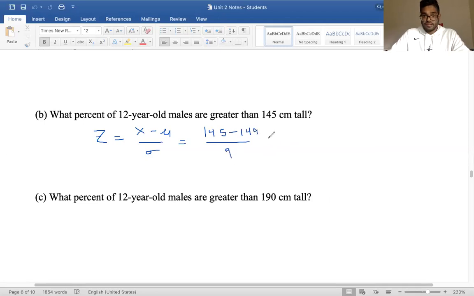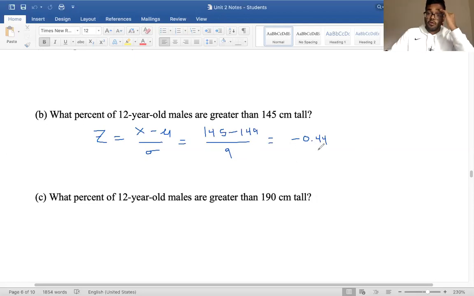And this is 4.56. Oh, sorry, wrong number. I was looking at the wrong thing on my notes. This number here is negative 0.44. Okay. So now this is your z-score, right? And again, what does this mean?